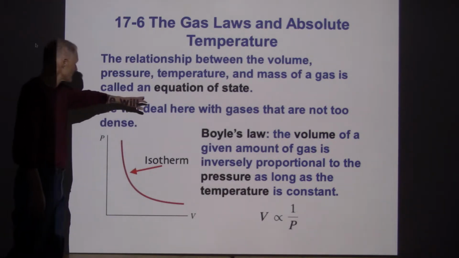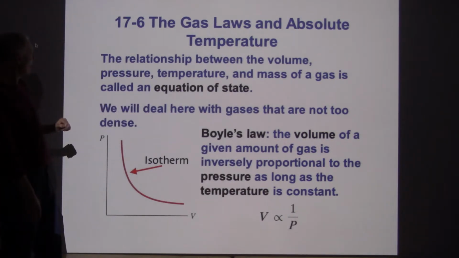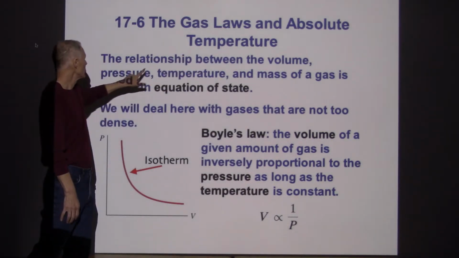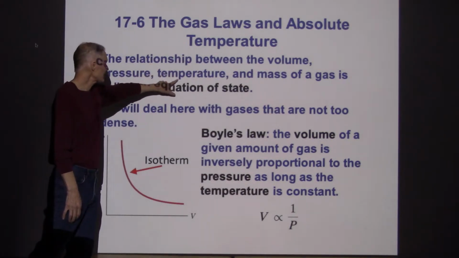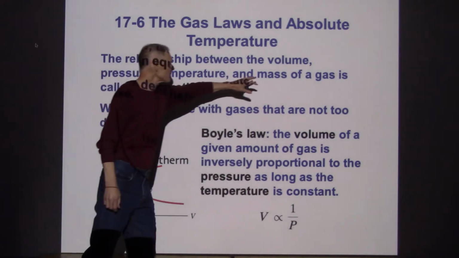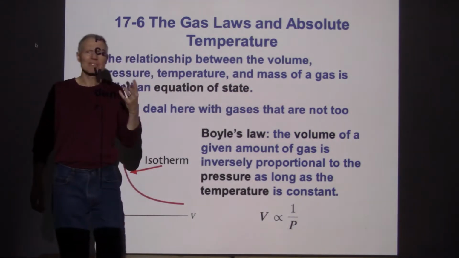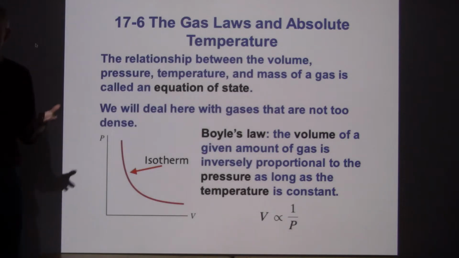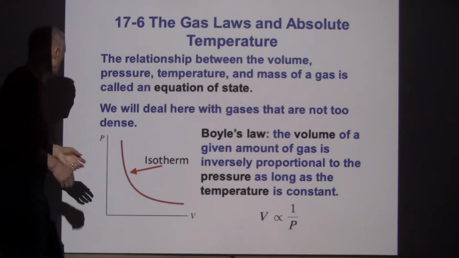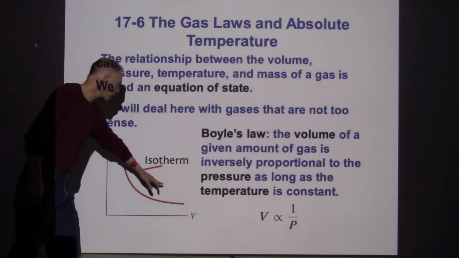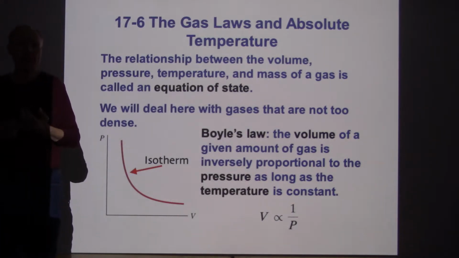For gases, we are going to come up with something that includes volume, pressure, and temperature. And then we need to have something that tells us what the sample size is for the gas that we're looking at. These are often represented on what we call a PV diagram.